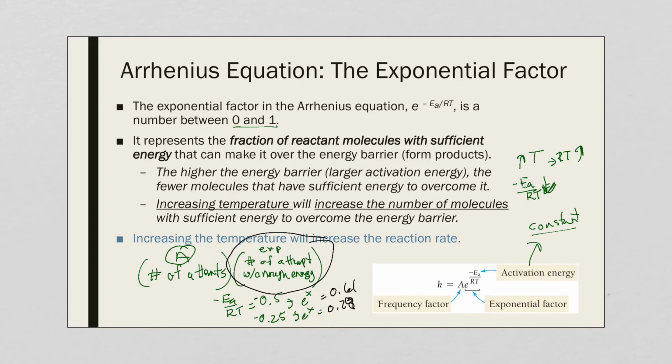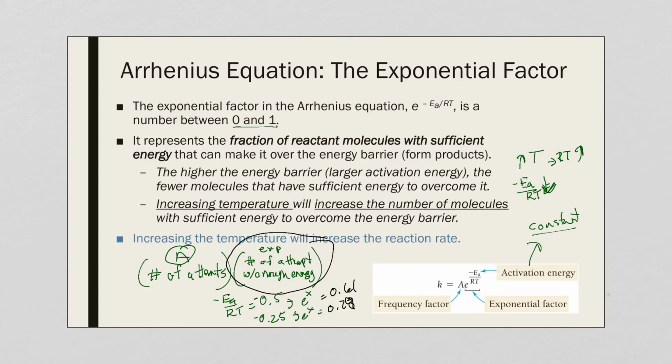So typically what we see here is we have higher temperature, we get a higher rate constant, which leads to a faster reaction. So increasing the temperature will typically increase the reaction rate because of the effect of temperature, and we can show that mathematically by looking at how it works in our equation.